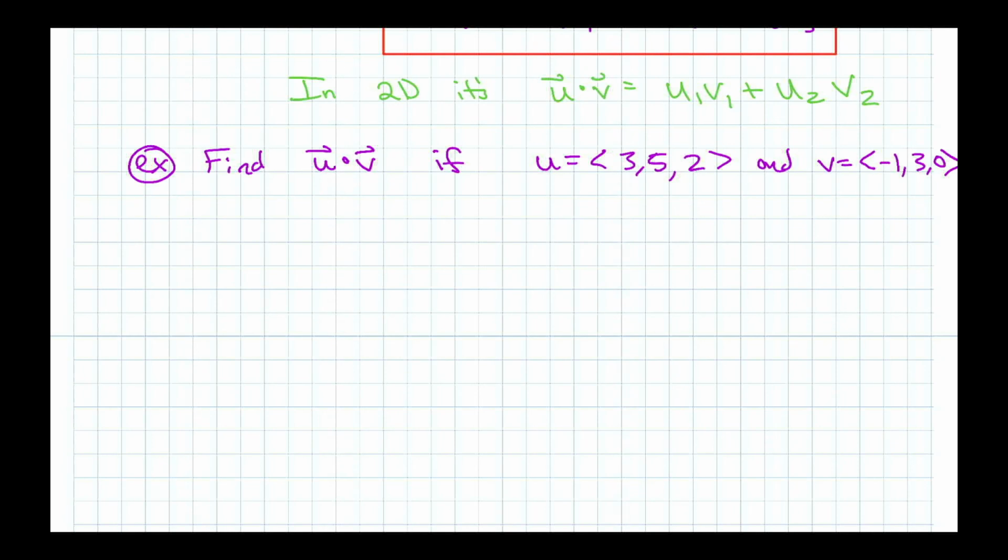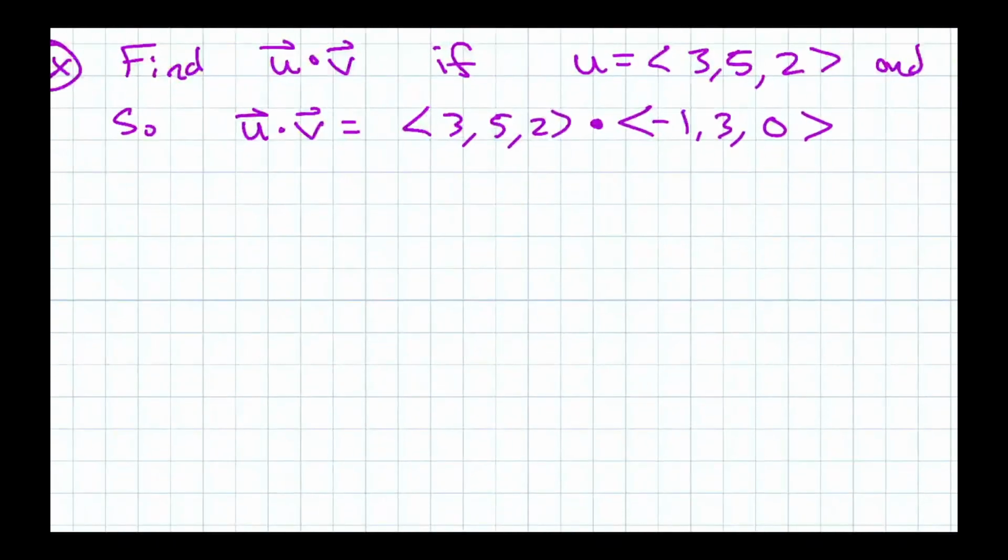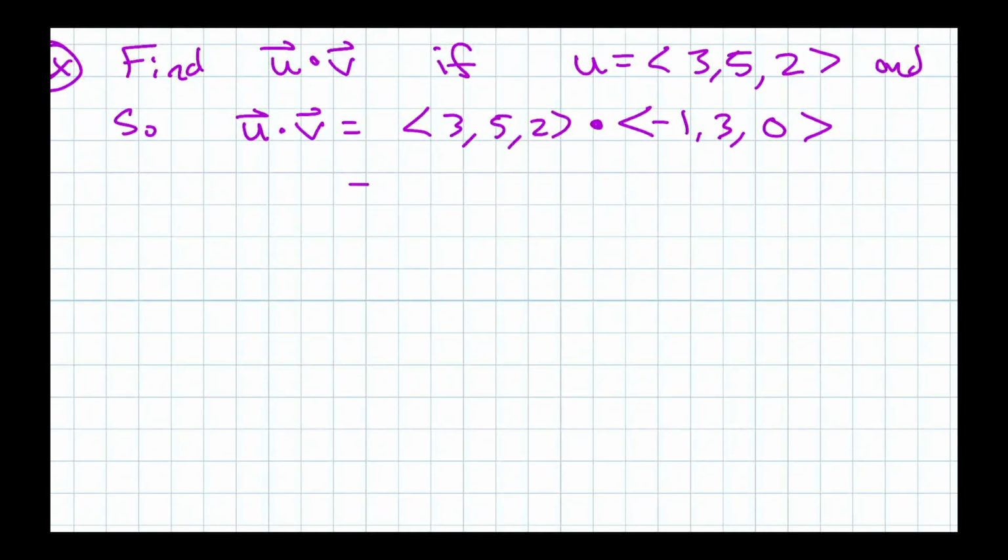How would I do that? The way I would do that is simply like this. u dot v is equal to, I'll write it out, 3, 5, 2 dot -1, 3, 0. I'll usually write it out like that so I can see the numbers next to each other. And then from there, we'll actually perform the operation.